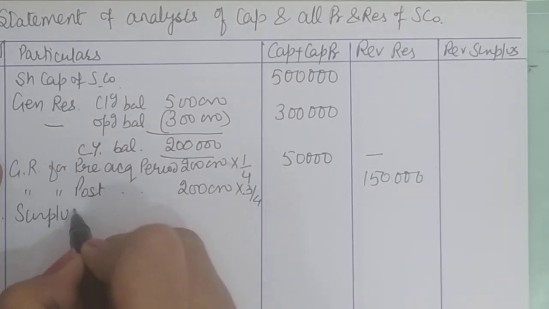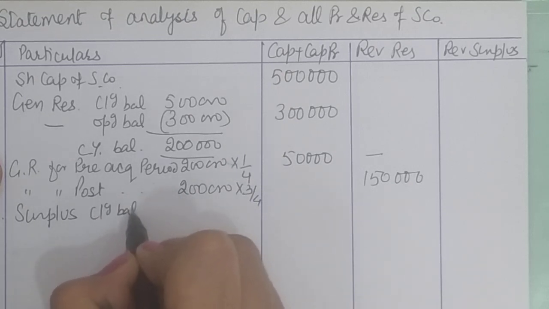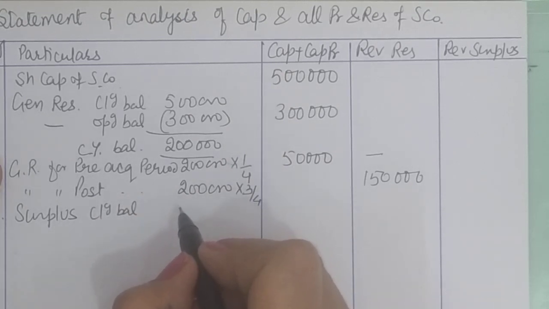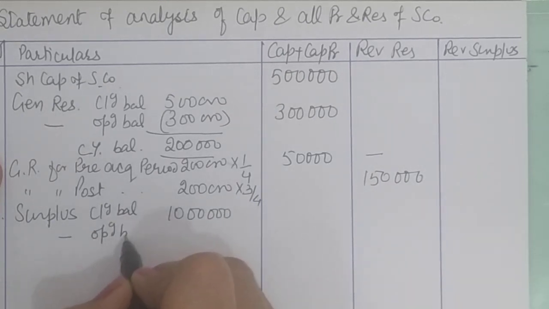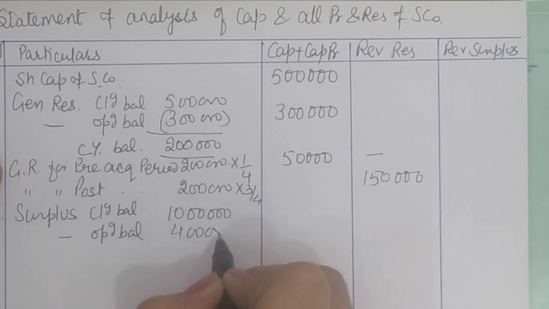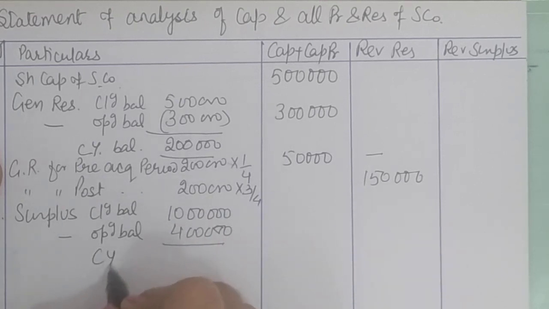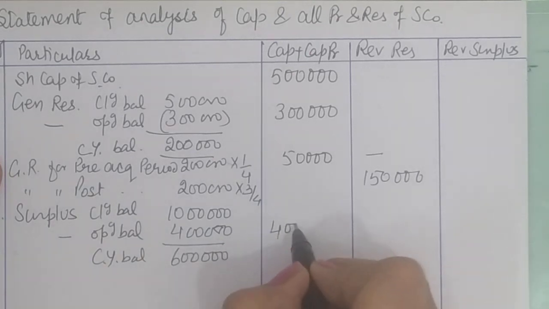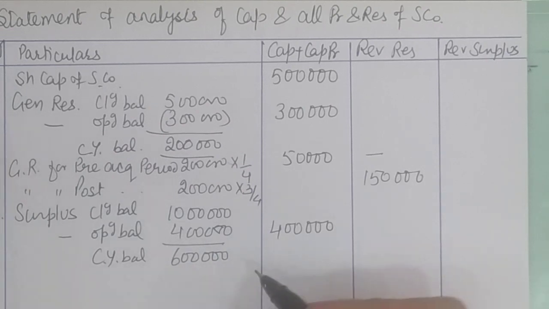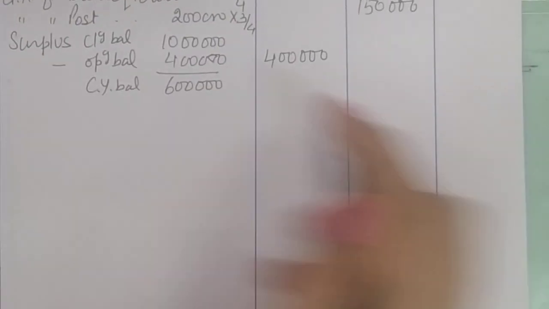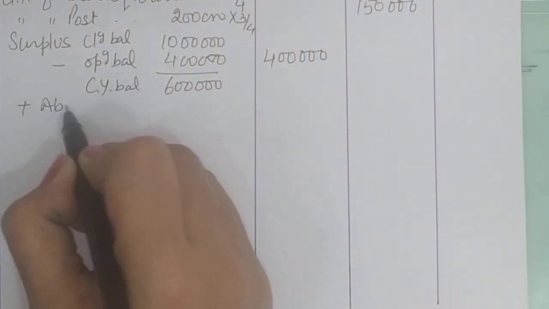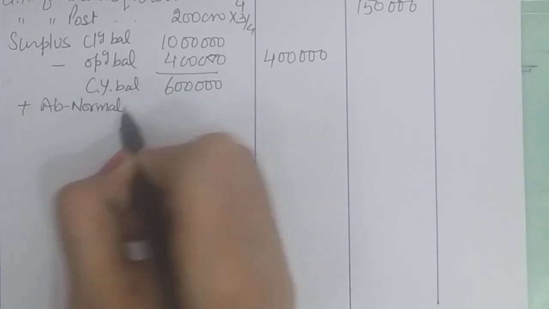Surplus. Surplus has a closing balance of 10 lakh given to us. If we deduct the opening balance, that is 4 lakh, we are left with the current year amount of 6 lakh. So this 4 lakh is directly taken here. Now 6 lakh is the current year amount, but it is subject to one adjustment, which is of abnormal loss. In case of abnormal losses, they are first of all added back, because we are to remove the effect of abnormal loss.